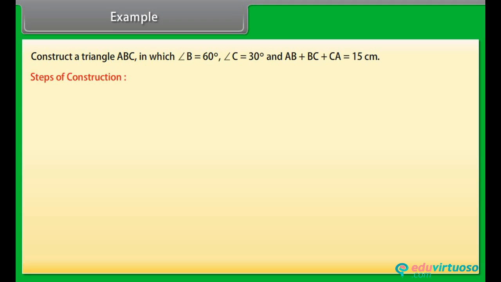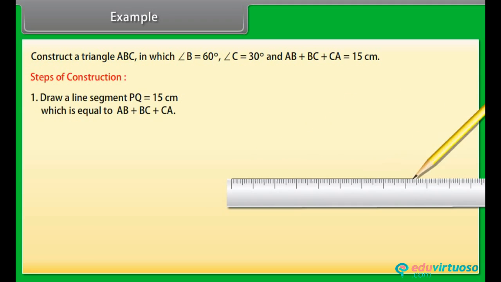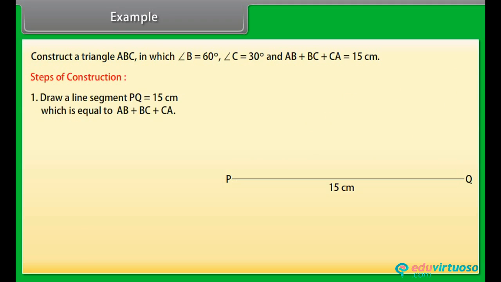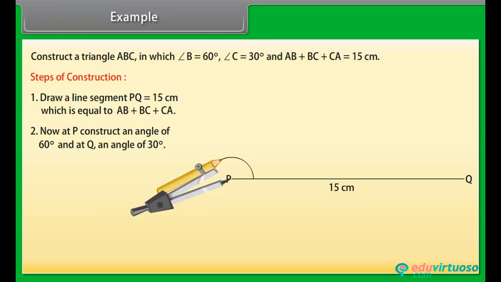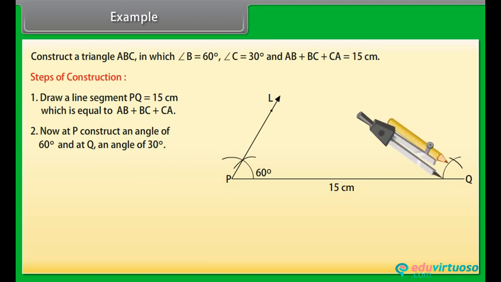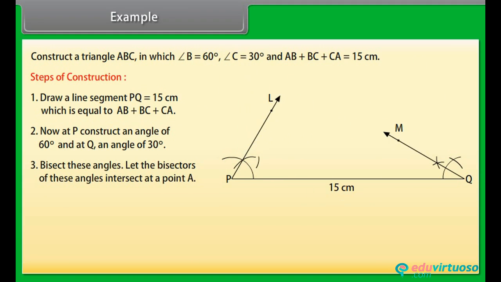Steps of construction. First of all, we will draw a line segment PQ equal to 15 centimeters, which is equal to AB plus BC plus CA. Now at P construct an angle of 60 degrees and at Q an angle of 30 degrees. Bisect these angles.